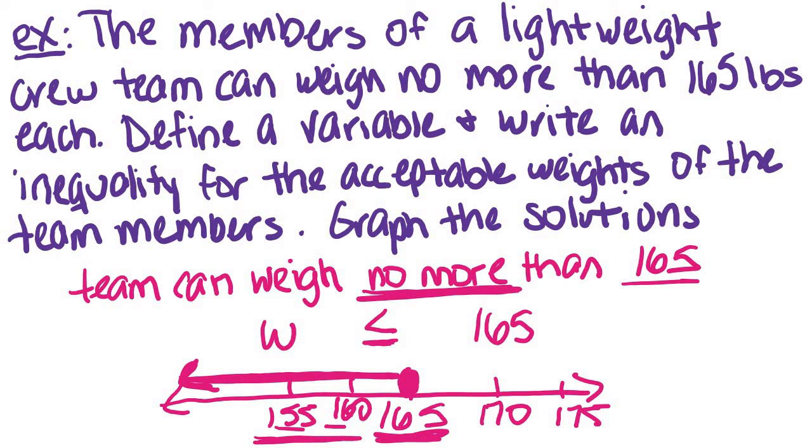All right, also to note, can we have a person who has a negative weight? Can someone weigh negative 3 pounds? No. So we actually have to cut this off over here at 0. We're going to do an open circle at 0 because a person can't weigh 0 pounds, usually.